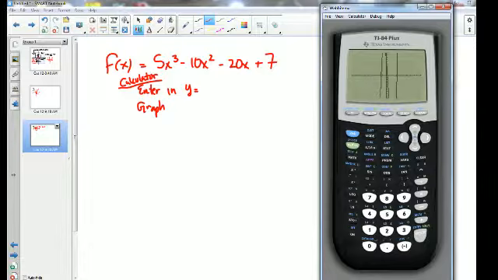Just press zoom. Some of you have a different window. Okay, five, X.